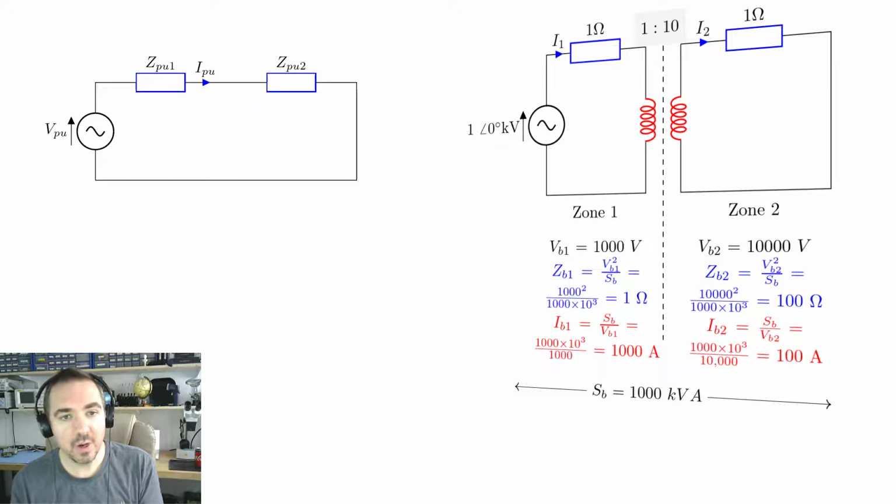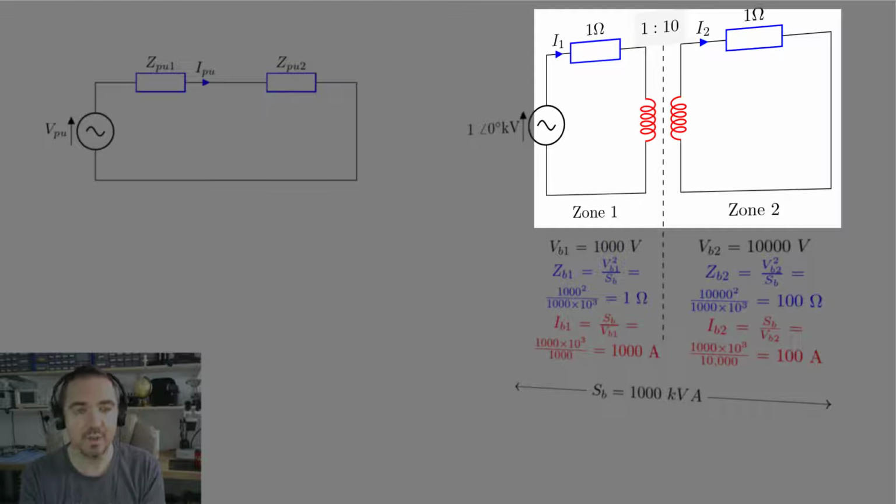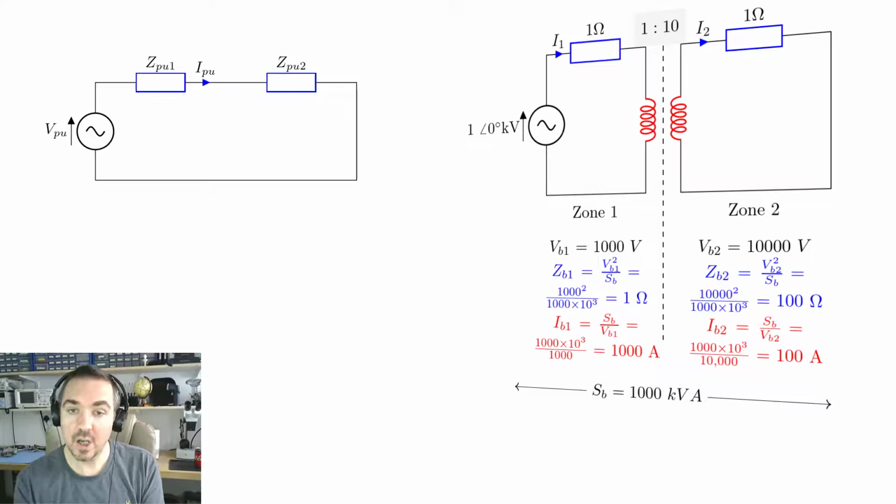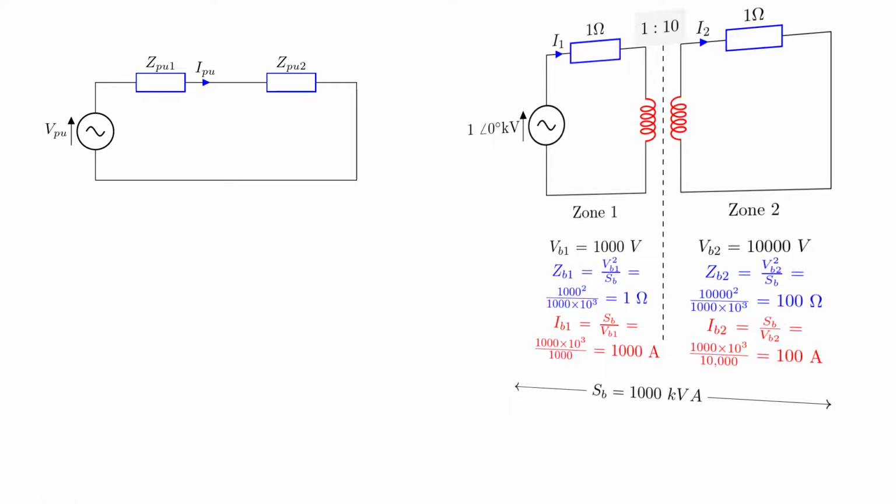For example, we know that the current on the secondary here must be 10 times lower than the primary because it's a 10-to-1 step-up transformer. So if the voltage goes up by 10, the current must go down by 10. And any system that we use must respect this. So if you look at the base currents, you will see that this 10-to-1 ratio is actually there. This is a clue as to how per unit analysis actually works.